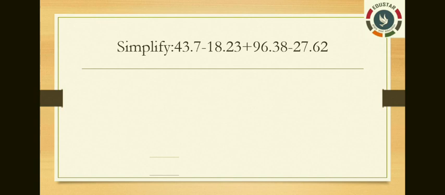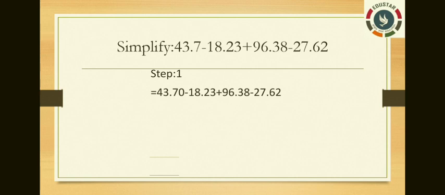Another example, 43.7 minus 18.23 plus 96.38 minus 27.62. Step 1, change unlike decimals to like decimals. 43.70 minus 18.23 plus 96.38 minus 27.62.